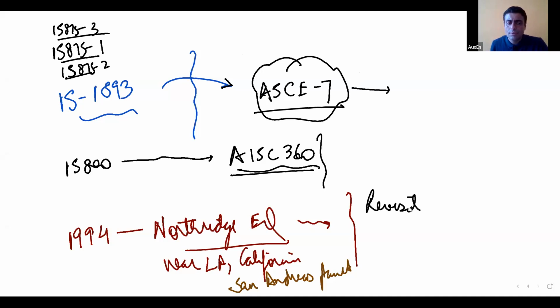Just like in India, where the 2001 Bhuj earthquake led to a lot of changes in the earthquake codes, in the American context, after the 1994 earthquake, a lot of changes were made to their standards and codes.